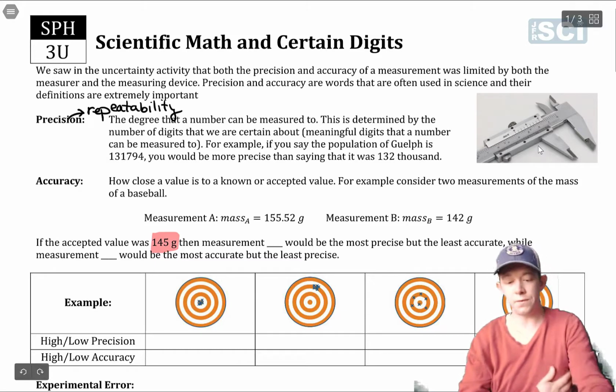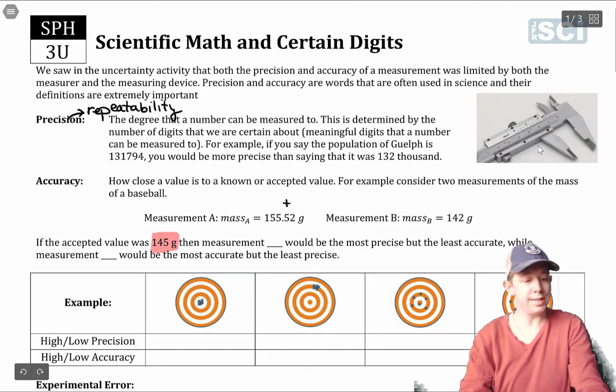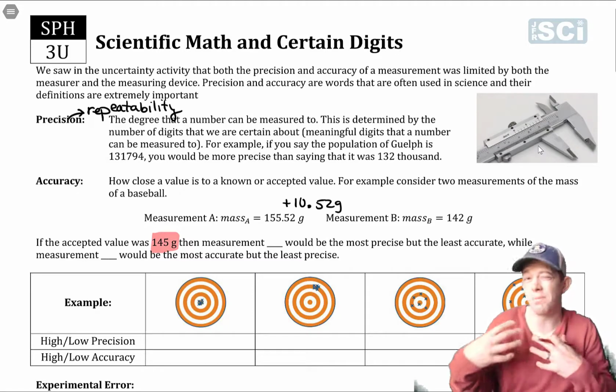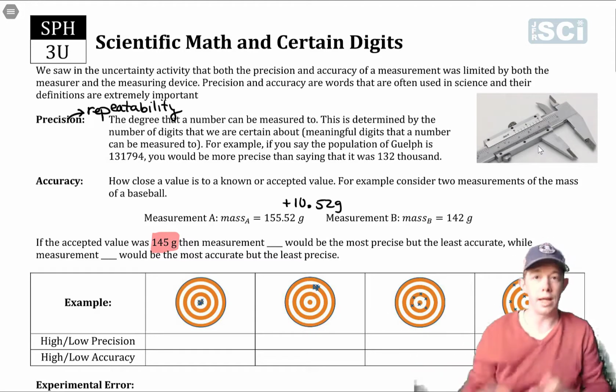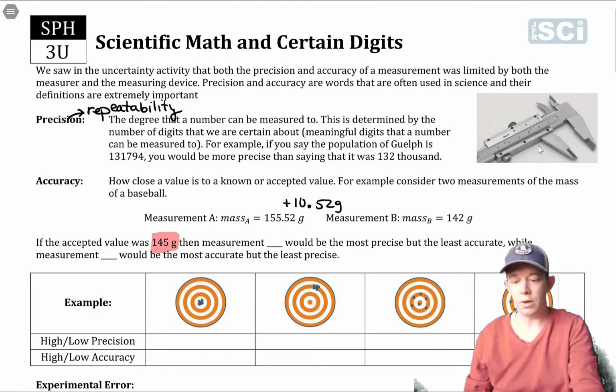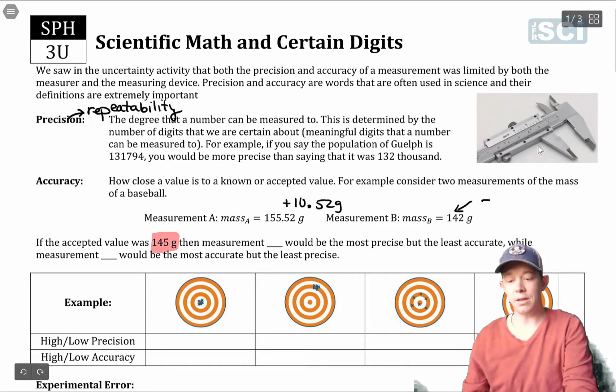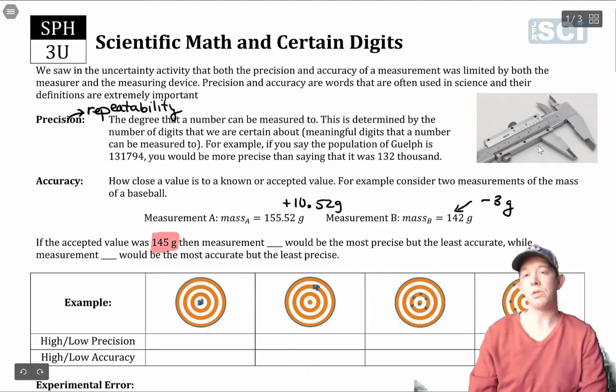Well, you would know that this first one is actually 10.52 grams too large, right? I've measured it to be overly massive. Now, this other object, 142, would actually be 3 grams too small.